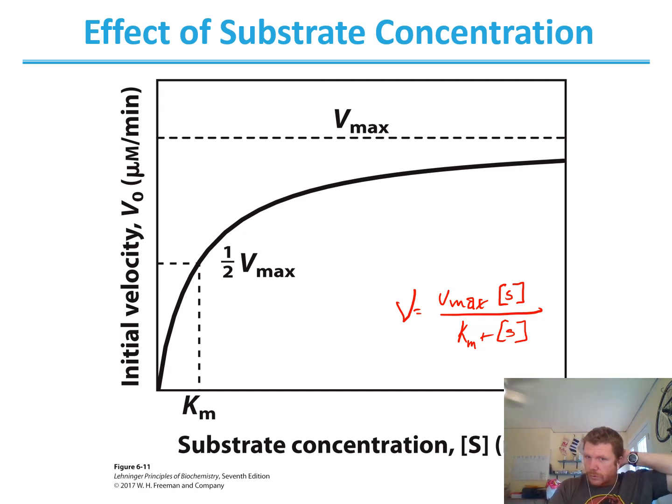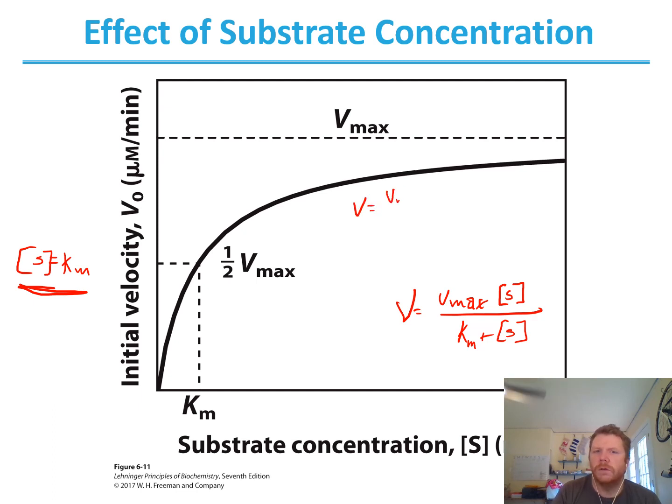So when your substrate concentration is equal to your Km, when S equals Km, then we can plug that into our equation. I'm going to take substrate concentration equal to Km and plug it in here. V is equal to Vmax, substituting Km for substrate concentration.